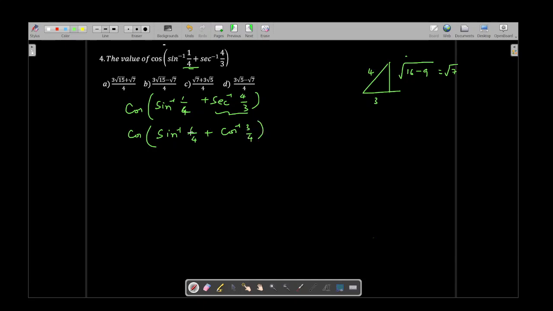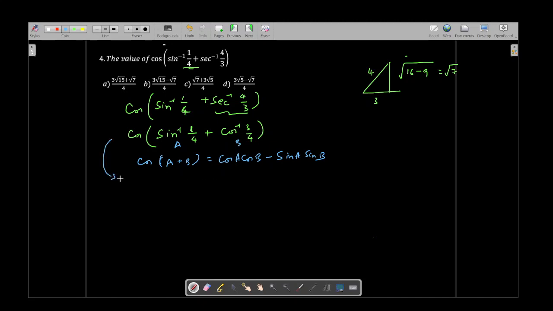Now I cannot combine sine inverse 1 by 4 and cos inverse 3 by 4, so the only option left is to apply the cos of a plus b formula. Cos of a plus b is cos a cos b minus sin a sin b. This is my a, this is my b.